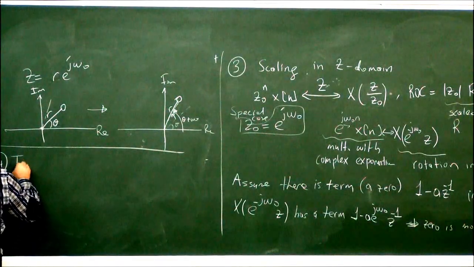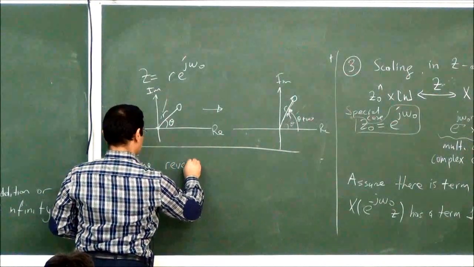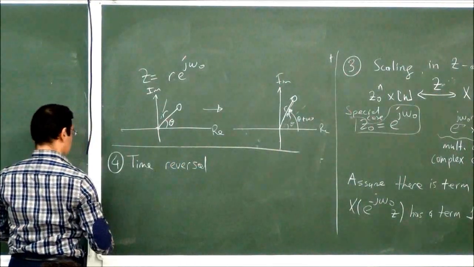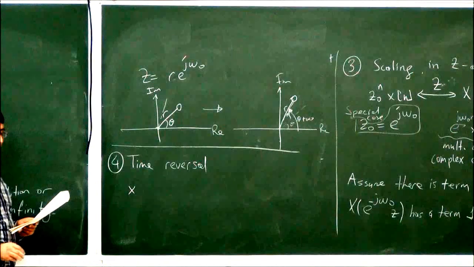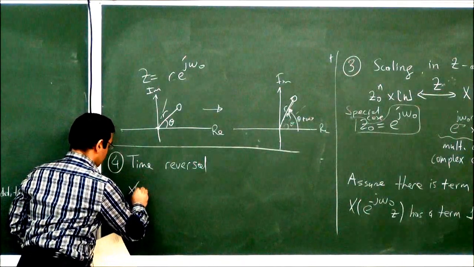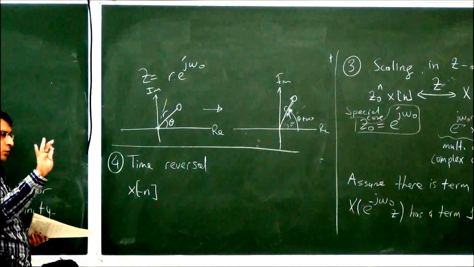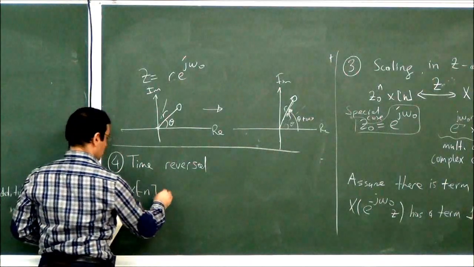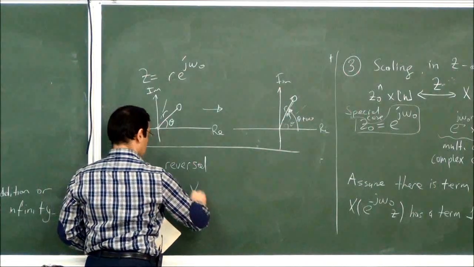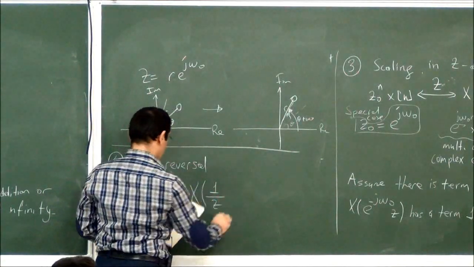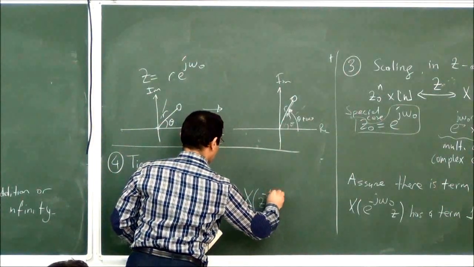Another important property is time reversal. What do you mean by time reversing? x[-n]. So you reverse your sequence. What about the transform? If you reverse your sequence, it is 1 over z in this case, or X of z to the minus 1.